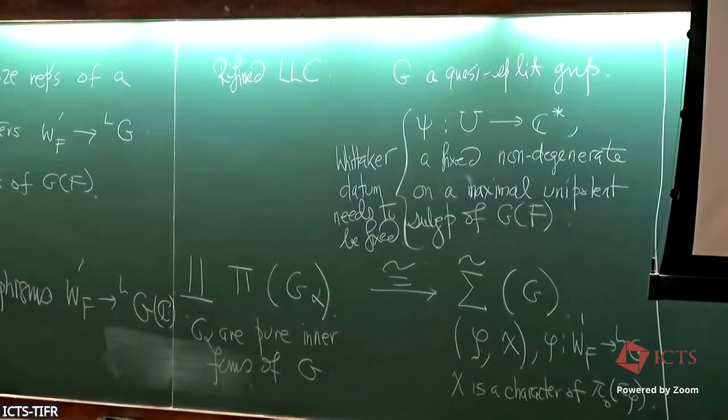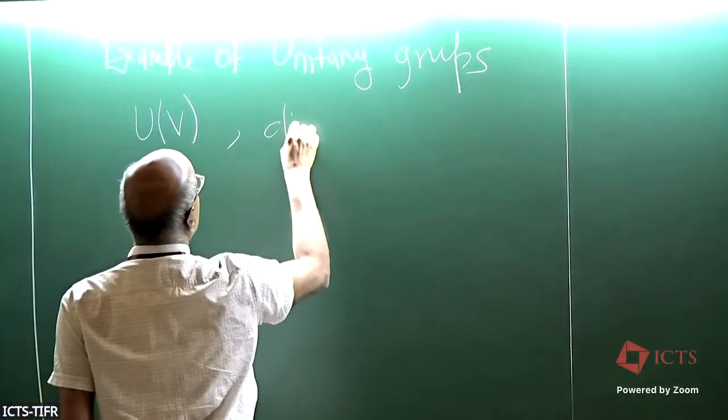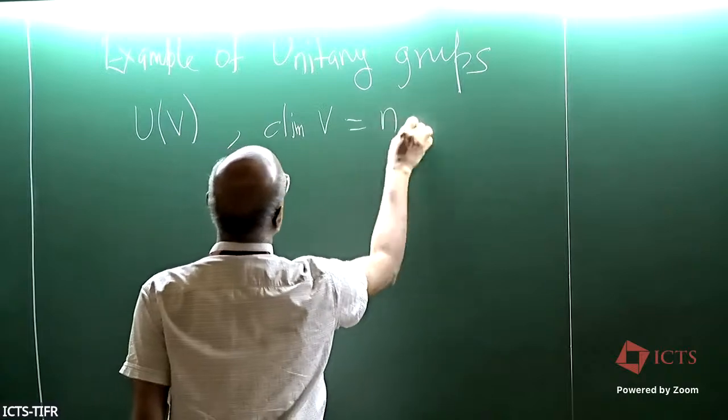Unitary groups. So this is the unitary group on a Hermitian space V, where the dimension of V is equal to n.